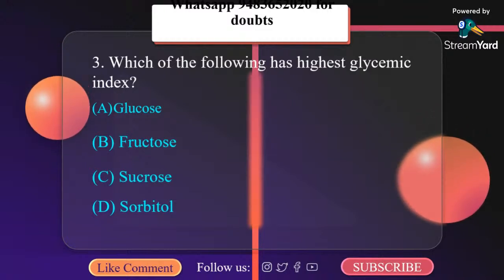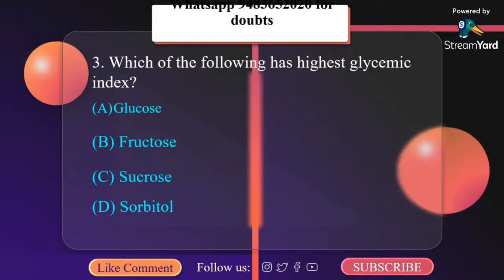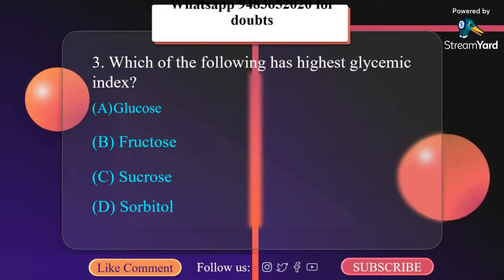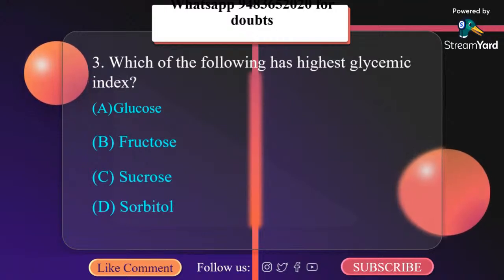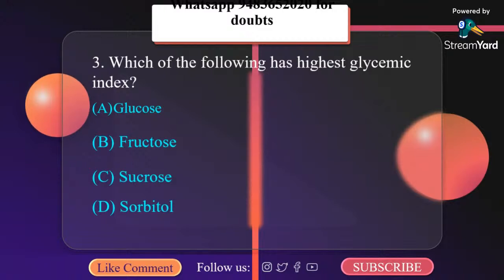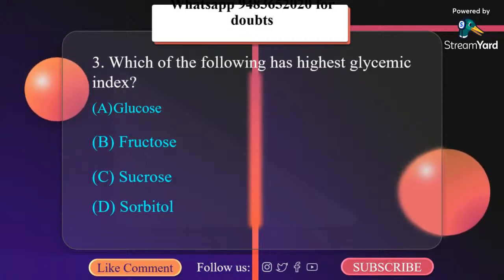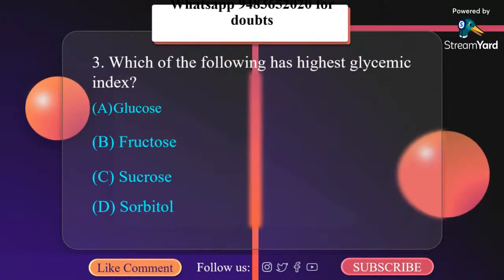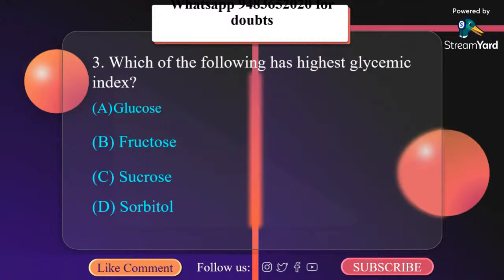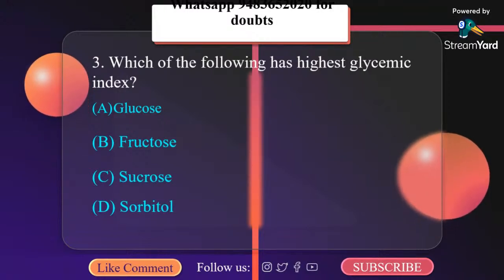Also, lactose, maltose, trehalose, isomaltose get converted to glucose, so they also have a high glycemic index. The glycemic index of fructose is less than that of glucose. Fructose and sugar alcohol have less glycemic index because they are not absorbed completely. Sucrose also has a lower glycemic index than glucose as it gets split to glucose and fructose. So the correct answer here is A, glucose.